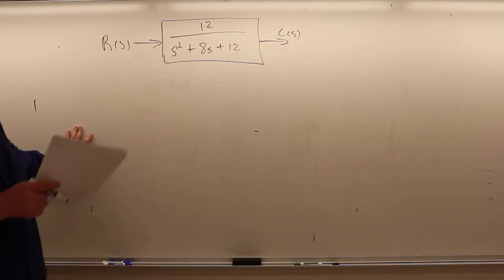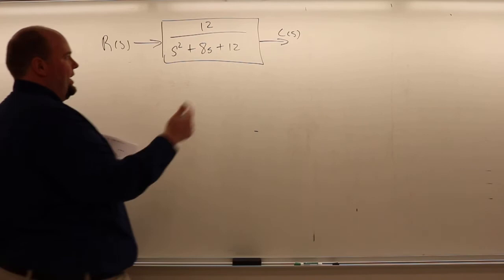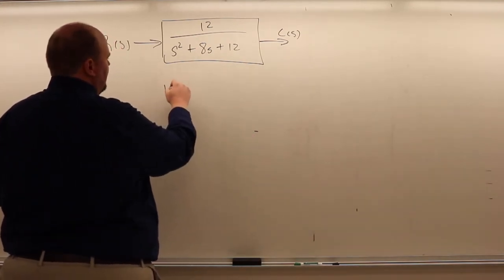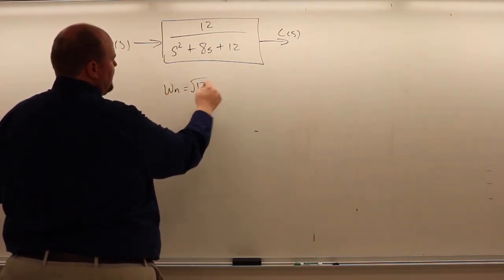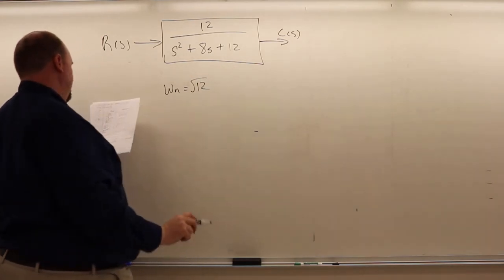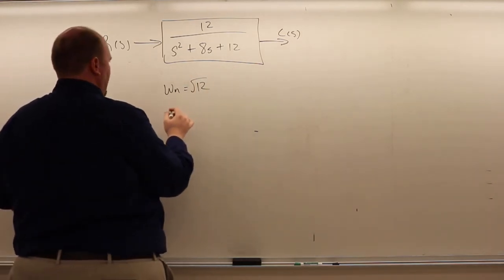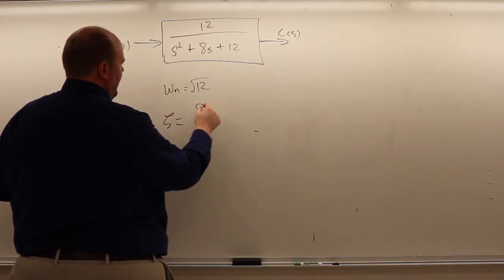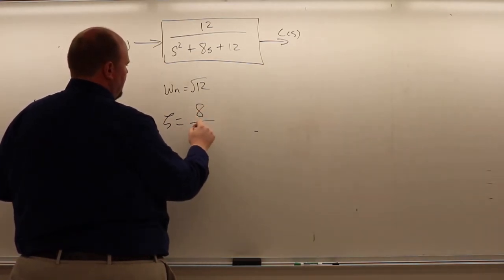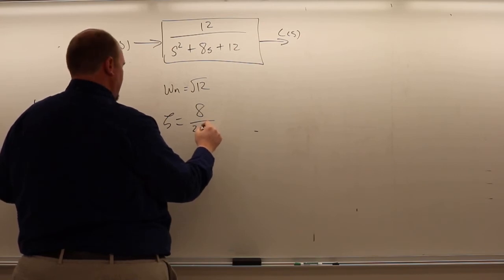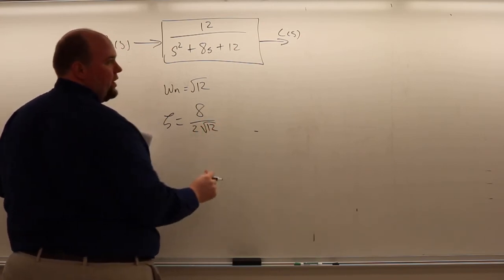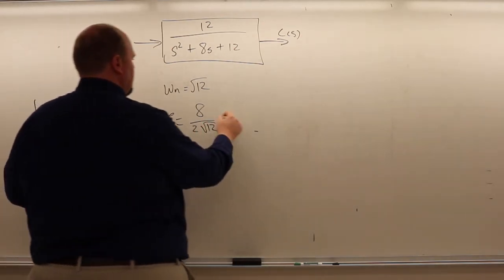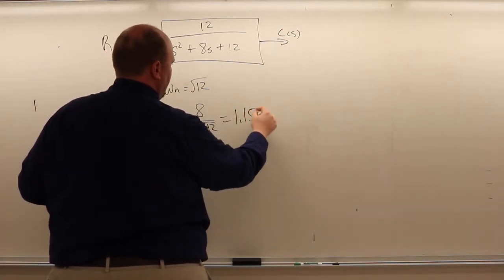Welcome back, everybody. So again, pretty easy. Natural frequency is going to be the square root of 12 here. And our damping ratio is going to be 8 divided by 2 times the square root of 12, which is 1.155.